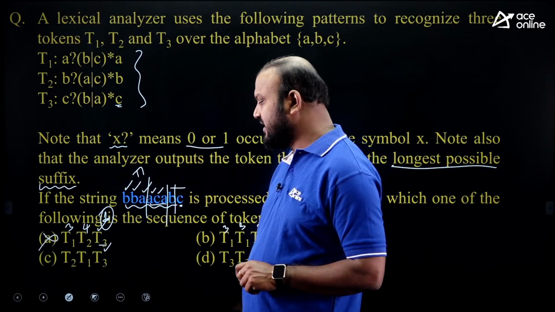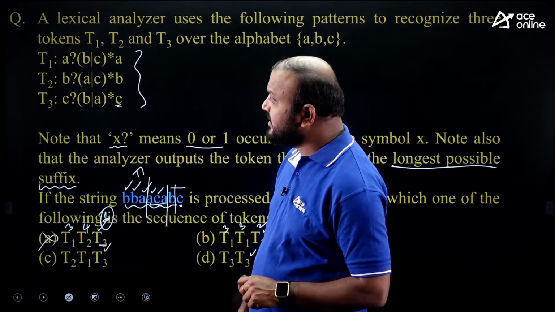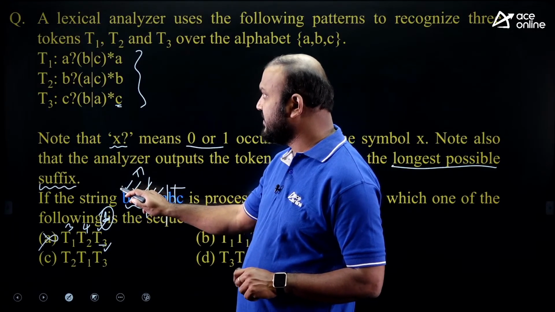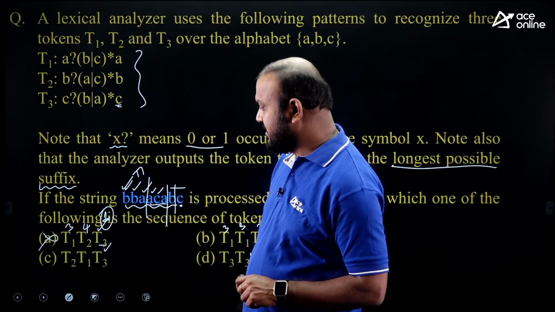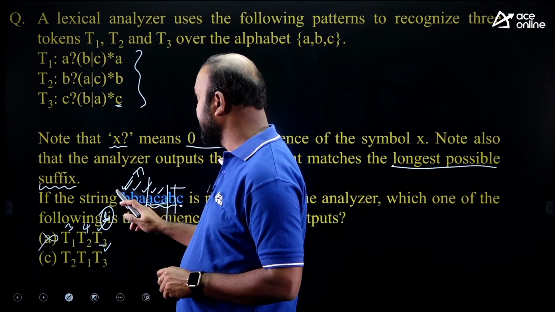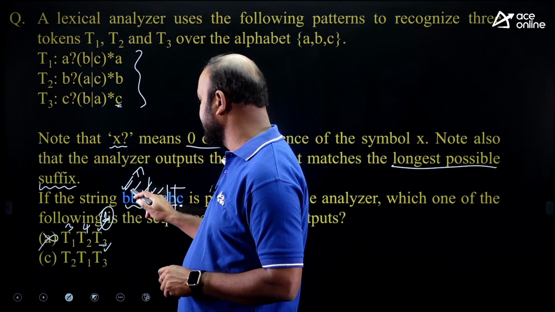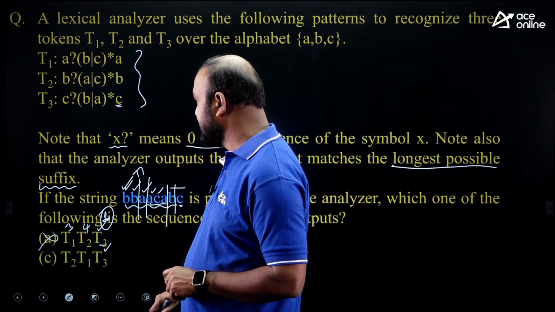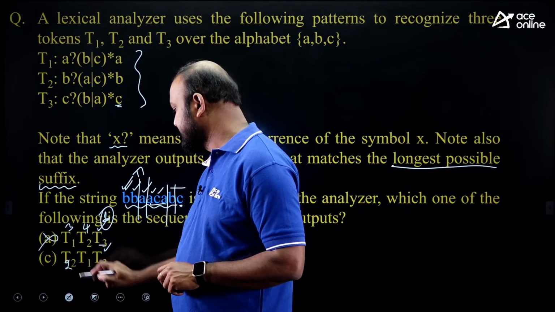In option C, the tokens are T2, T1, T3, T2. Now for the T2 token, B question mark, so 1 occurrence of B. T2, right? B question mark, (A|C) star, no A, no C, and B. So what is the length of token 2? Here it is 2.